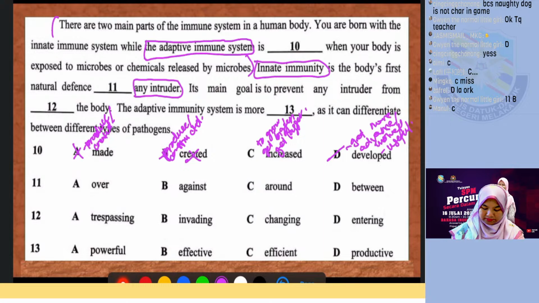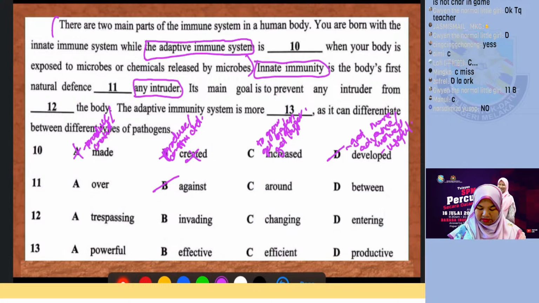So 11B. I will explain the phrase or the word that I think would be a bit challenging for you to differentiate. But for 11, over, against, around and between, I think you know the meaning of it.